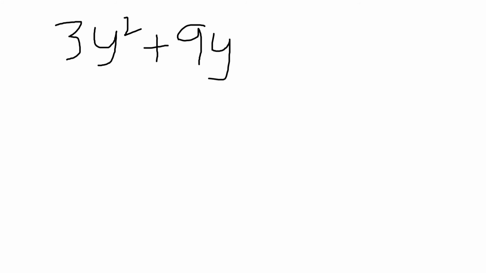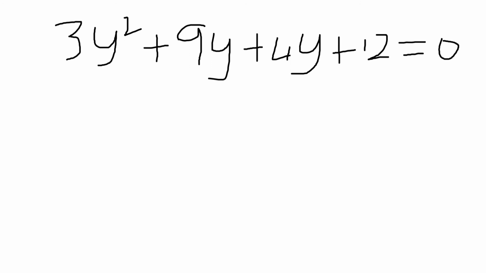We get 3y squared. Instead of us to write 13y now, we will write 9y plus 4y, because 9y plus 4y adds up to 13y. So plus 12, and this is equal to 0.